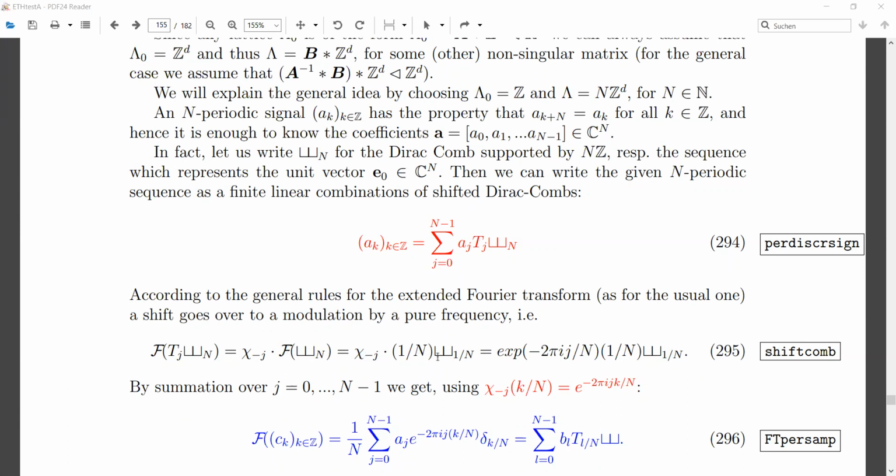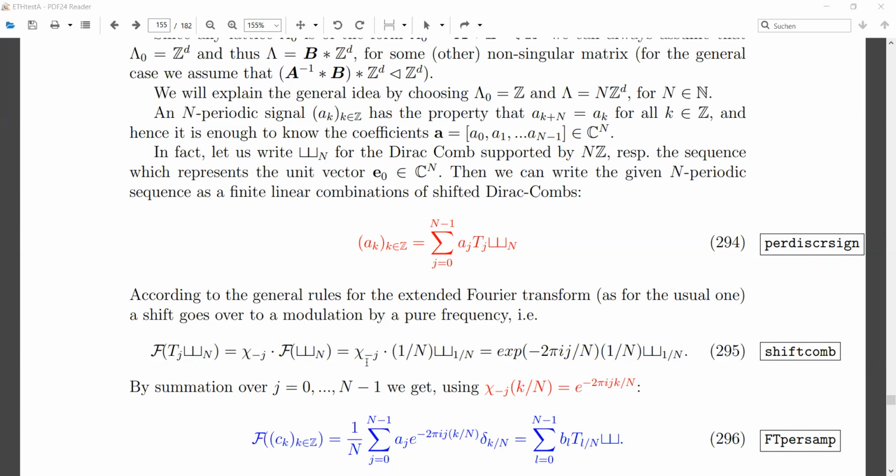And this dilated operator gives you a Dirac comb which sits on the orthogonal lattice, or the dual lattice, which is just the lattice with spacing 1 over n and with an amplitude here. We will discuss this separately, but this is a formula that we can use.